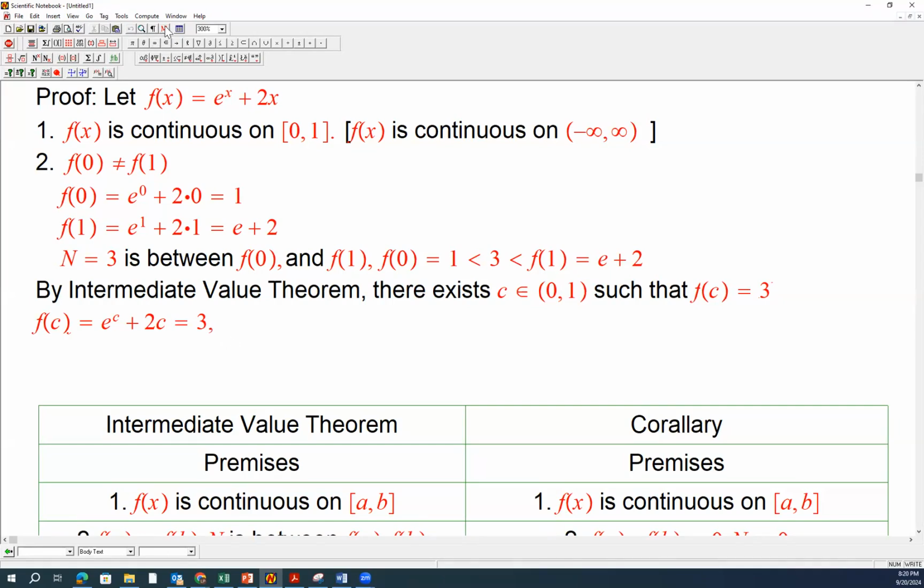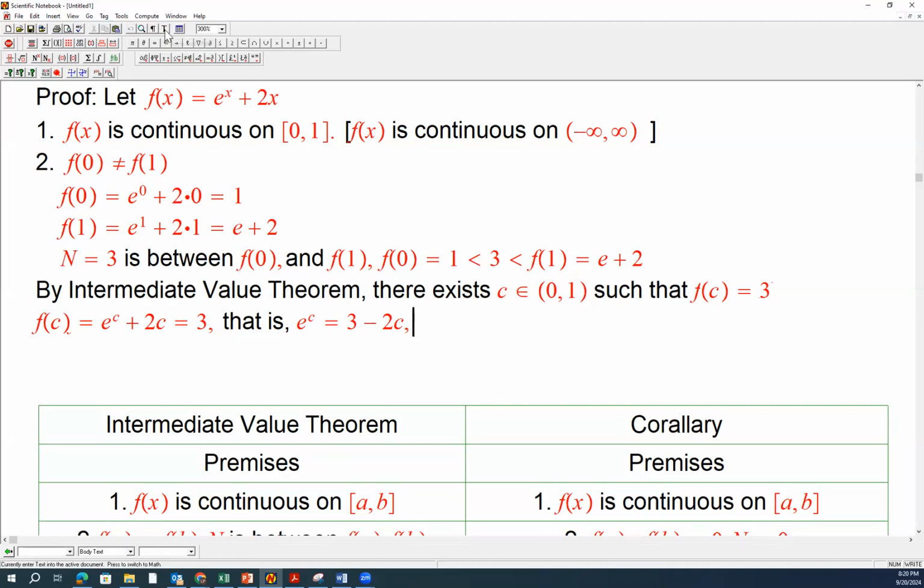Then you can also say that e to the power C is equal to 3 minus 2C, which also says C is a solution, right?